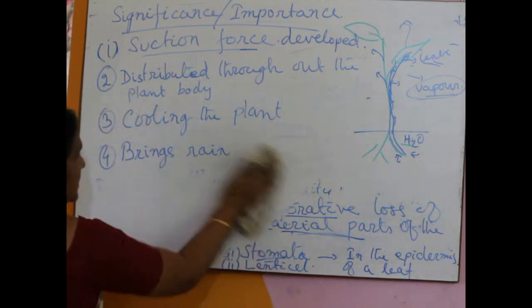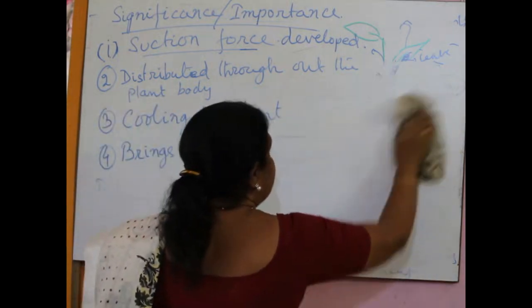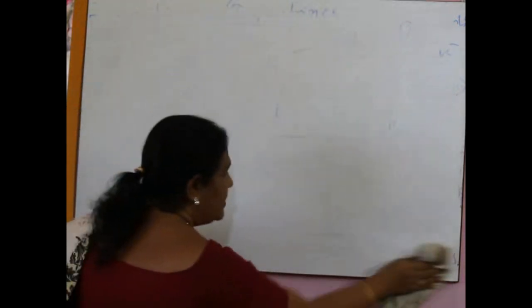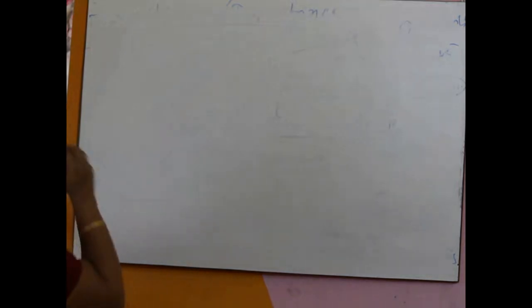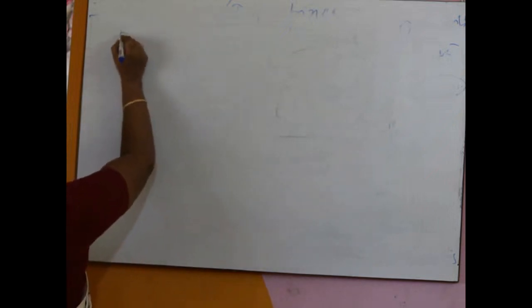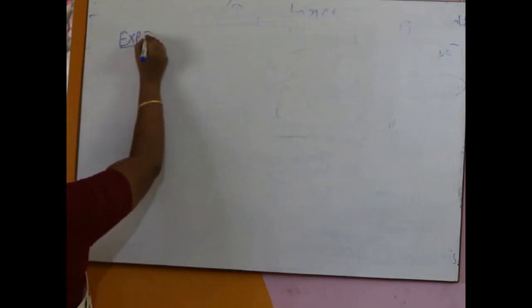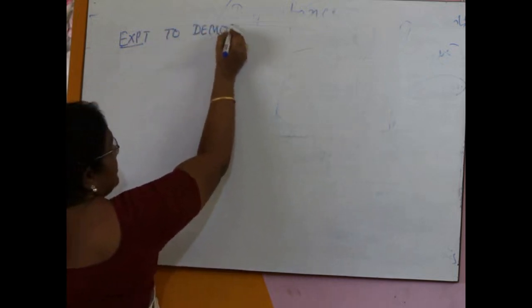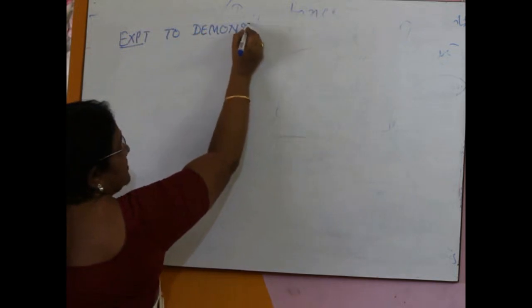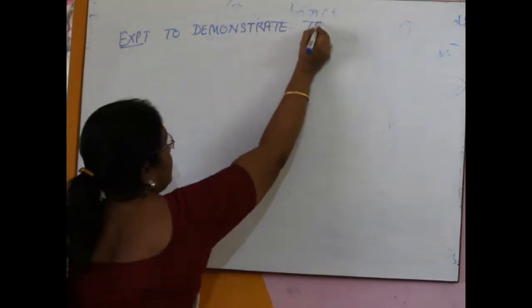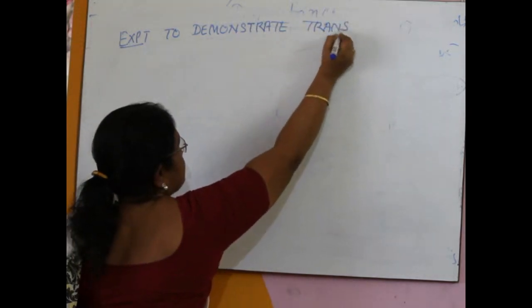So for these experiments to demonstrate transpiration, I will give you an explanation first, then we can see it in the visual. Let me first explain, right? So, experiments to demonstrate transpiration.